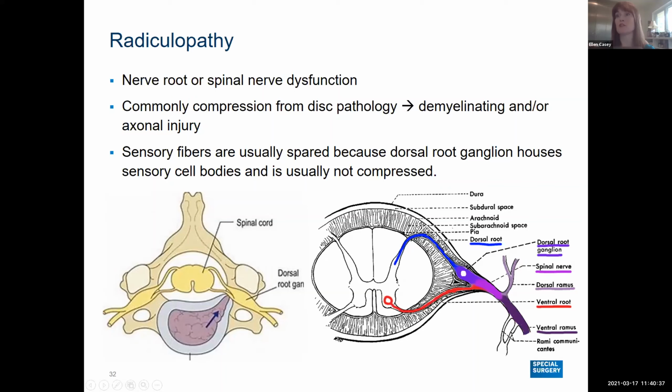The blue here is the dorsal root, which is mostly sensory. The dorsal root ganglion is this kind of purpley structure here. That's where the cell bodies for the sensory nerves live. And then it combines into the spinal nerve and then into the ventral and dorsal rami.